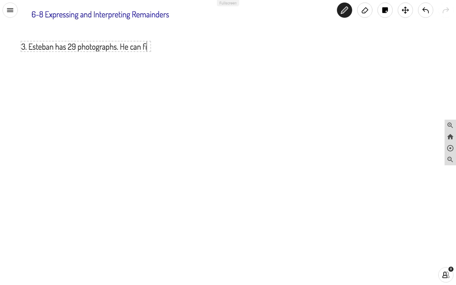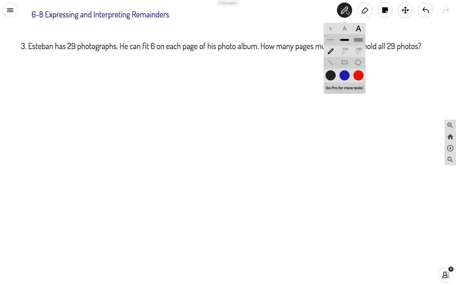He can fit 6 on each page of his photo album. How many pages must he use to hold all 29 photos? So Esteban has 29 photographs and he can fit 6 onto a page. How many pages must he use to hold all 29 photos?